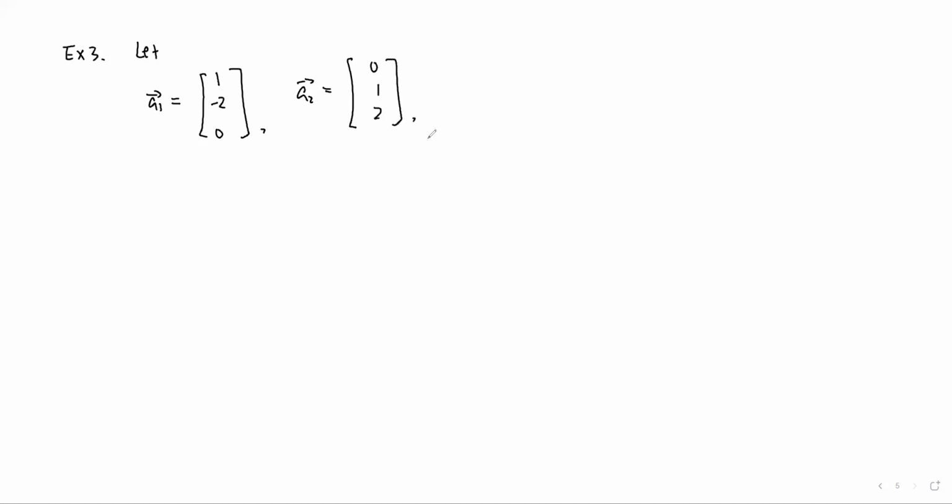All are three-dimensional. a3 be 5, -6, 8. And finally, vector b is 2, -1, 6.